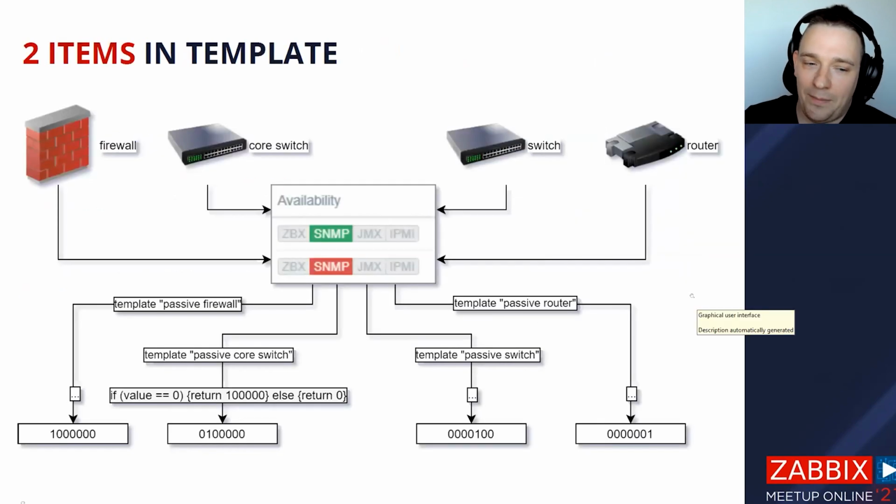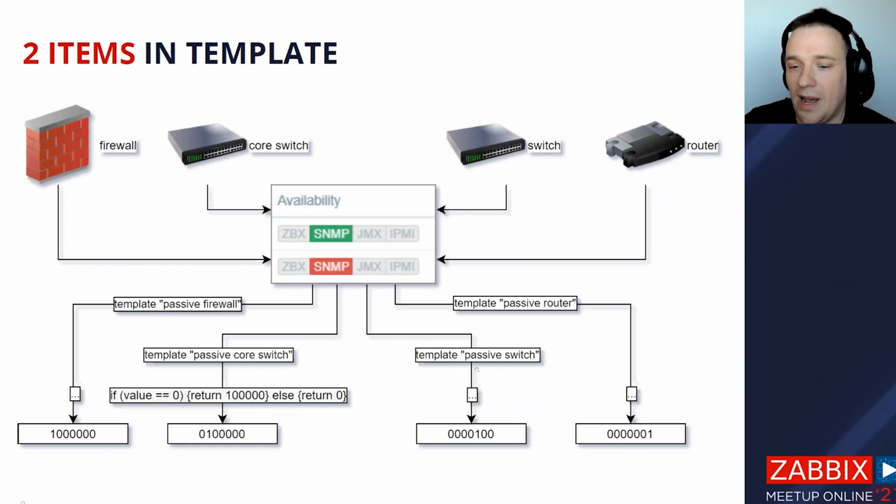So what will happen here, each category, each type of device will have its very own template, like passive firewall, passive router, passive core router, passive switch, and router. And these dedicated templates, instead of reporting 0, which means down, will start to generate some numbers.